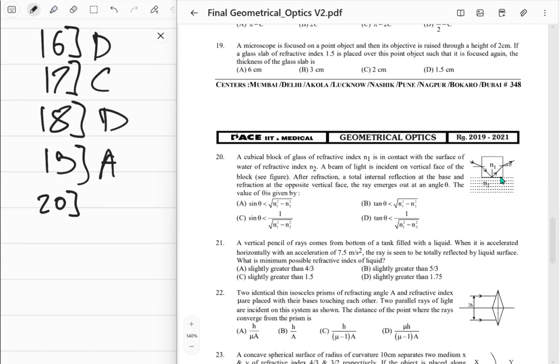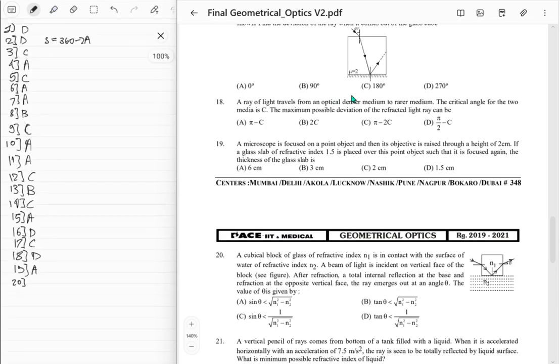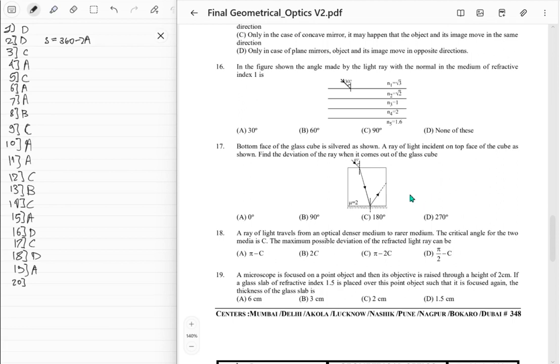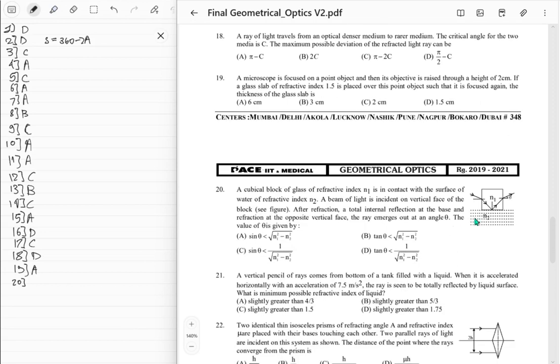Wait, okay, last time when I said 180 degrees in that question, where was it? Yeah, over here, right? In that case it was justified because it was doing TIR over here. In this case, I can't do that. That would be really wrong for me.